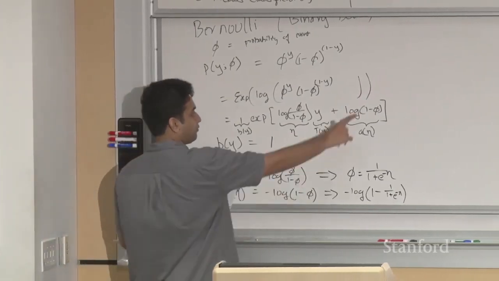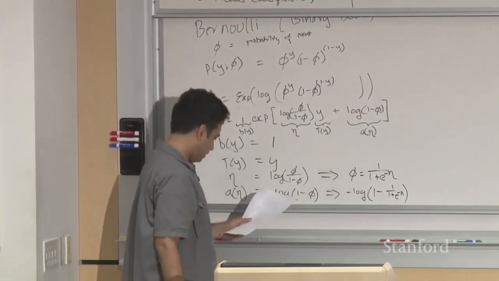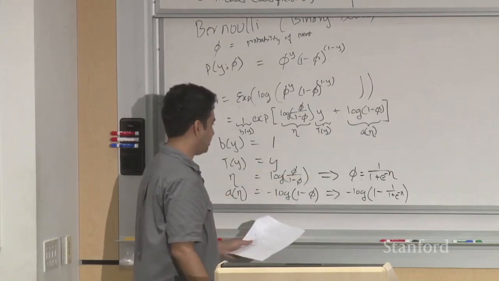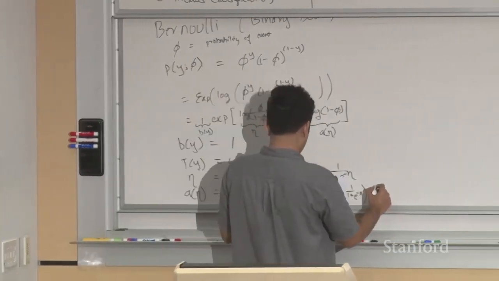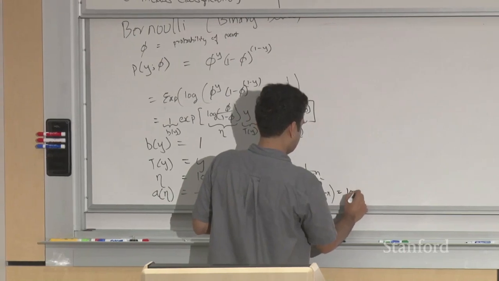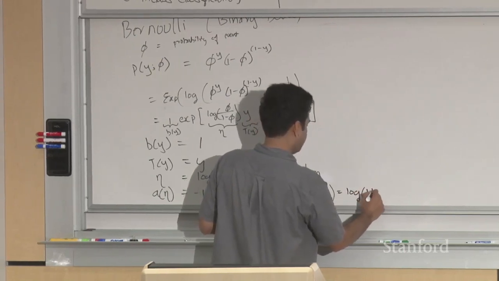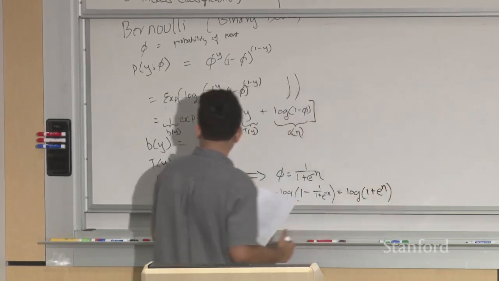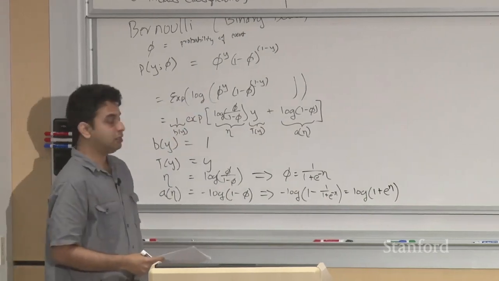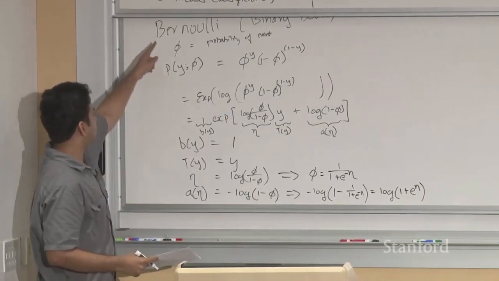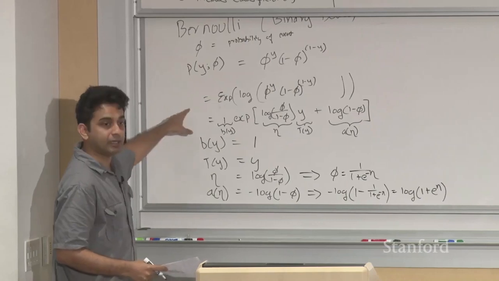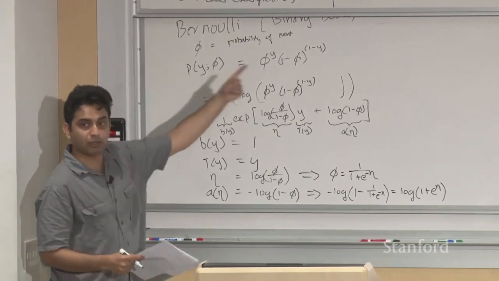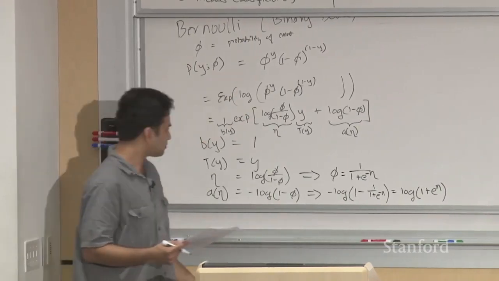Here we got it in terms of phi, but we need to plug in eta over here. And this will just be log of 1 plus e to the eta. So there you go. This verifies that the Bernoulli distribution is a member of the exponential family. Any questions here?